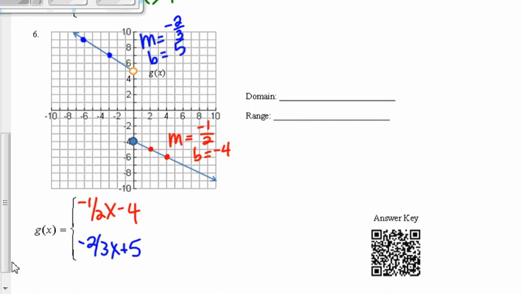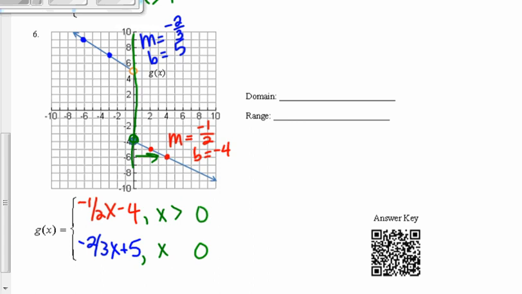Now we do the inequalities. The break in the graph, if I make that vertical line, is actually just on the y-axis, which is the x value of 0. So x and 0, x and 0, and now I just have to figure out the inequality symbols. For what I have written in red, the -1/2 x minus 4, that goes to the right of this vertical line, so it's going to be greater than.